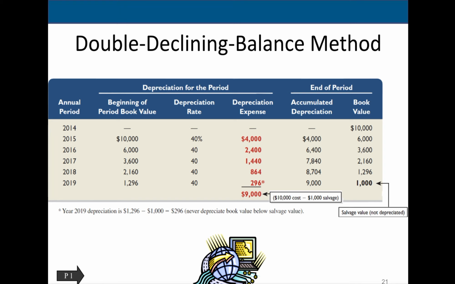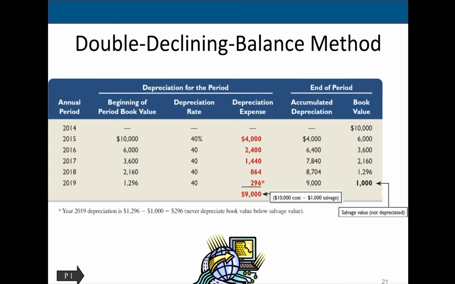Well, we don't even need to calculate that at this point. Okay. Basically, we're going to keep a running total here, year by year, of how much we've depreciated. So after year 1, it's 4,000. After year 2, it's 6,400. After year 3, what is that? 7,840. Okay, and on until we get to 9,000.